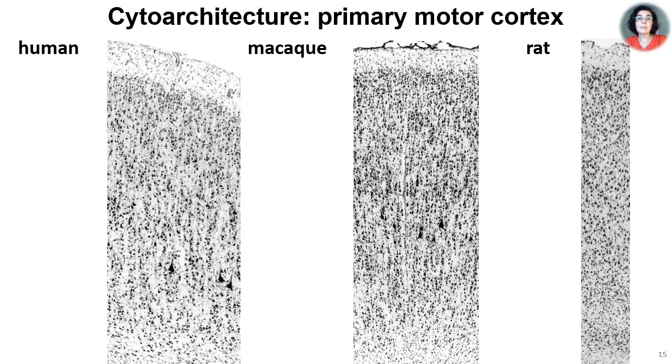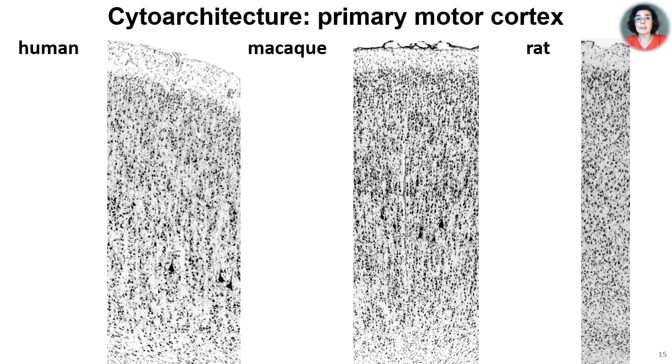In the second example, I want to highlight cytoarchitectonic differences between the two primate brains and that of the rat. I had mentioned that layer 4 is not visible in the human primary cortex at adult stages because it has been invaded by pyramidal cells from layers 3 and 5.